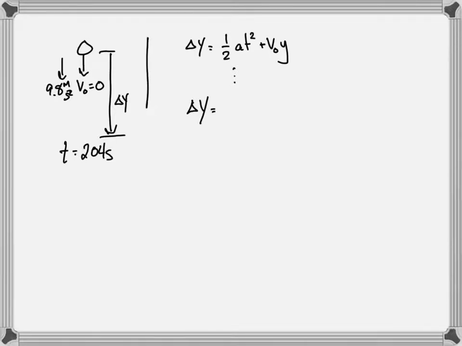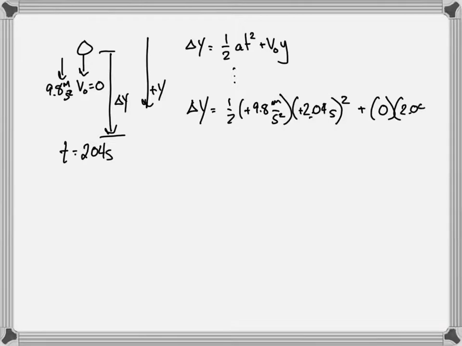Oh, let's choose a positive direction for the monkey. You might, just to be consistent, choose the same positive direction. You don't have to. We can choose this as the positive direction for the monkey. Delta y is equal to 1/2 times positive 9.8 meters per second squared times 2.04 seconds squared, plus 0 times 2.04 seconds.